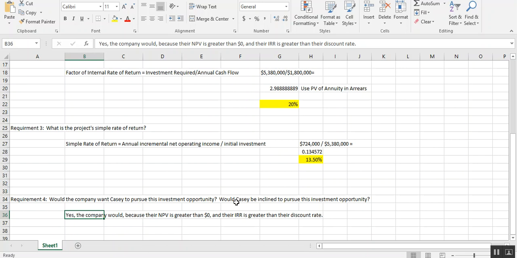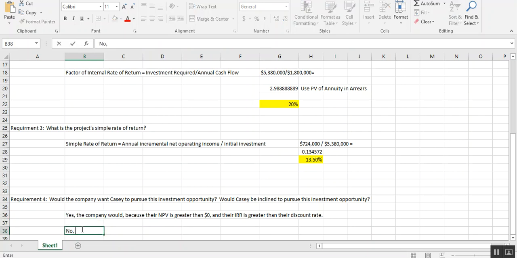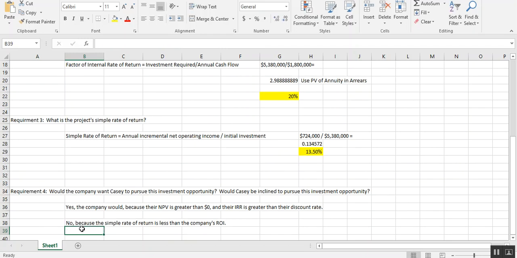So when we look at this question, would Casey be inclined to pursue this investment opportunity? And this is from his personal point of view. I would say no, and that is because the simple rate of return that we calculated at 13.5% is less than the company's return on investment, which was 23%. So it's going to bring down that return on investment average, which is going to negatively affect him.